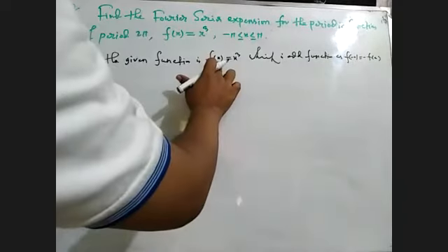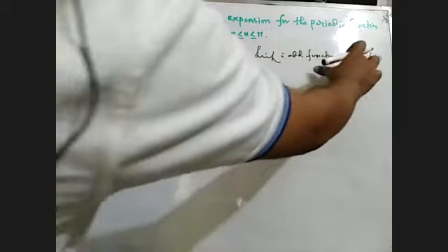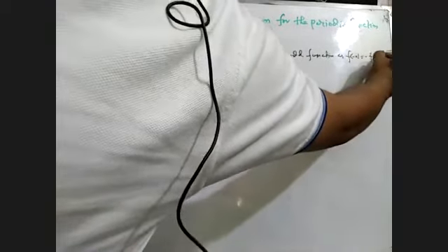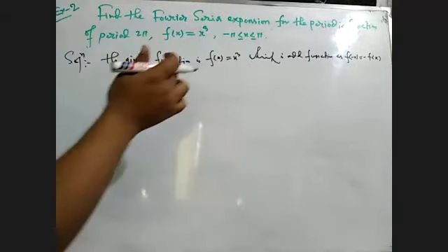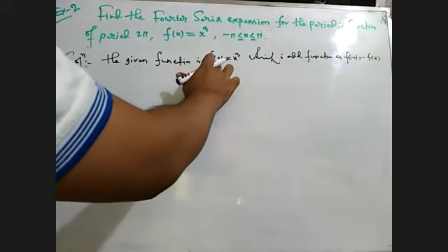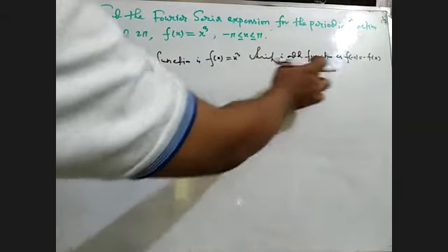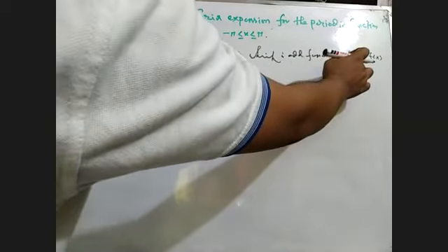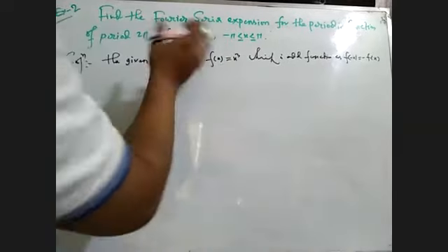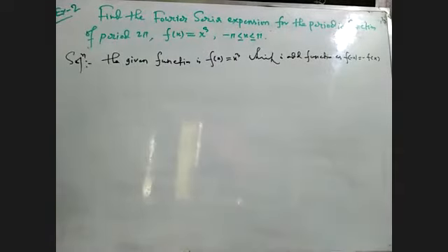If we put minus x in place of x here, we get minus x cube. That means it satisfies f of minus x equals minus f of x. This is why the given function is an odd function.